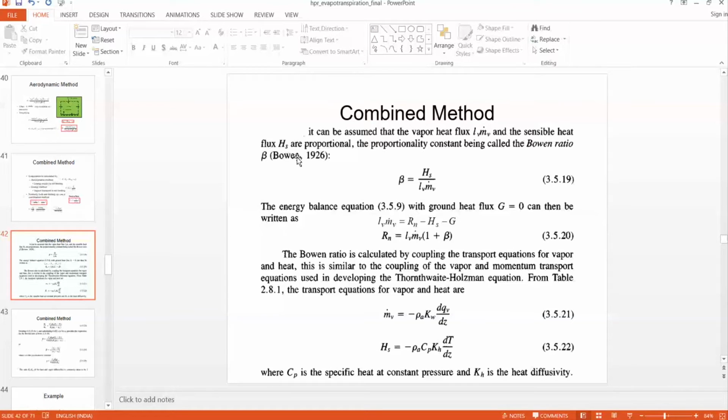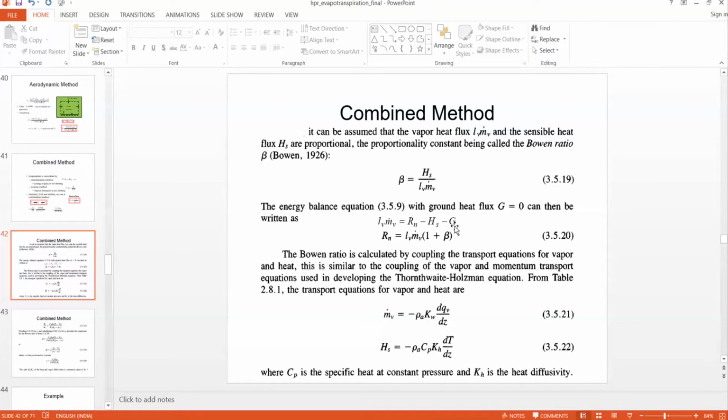He proposed that the sensible heat flux as well as the water vapor heat flux are both proportional. So the ratio he has given as beta. We know that LV MV dot, which is the water vapor heat flux, is equal to net radiation minus sensible heat minus heat transferred to the ground.